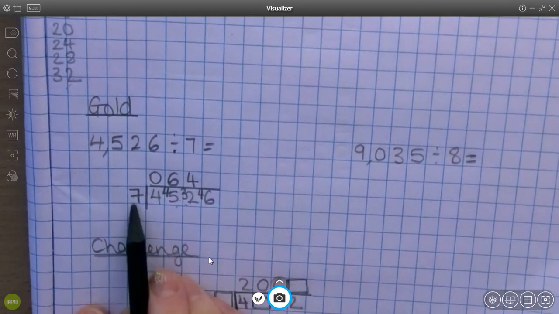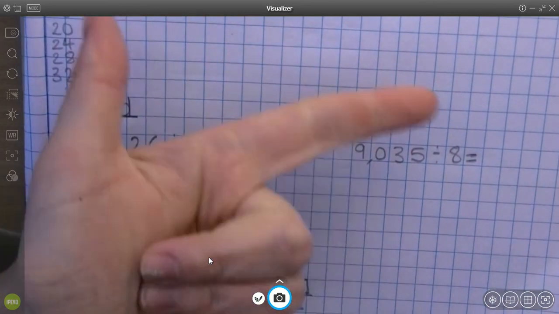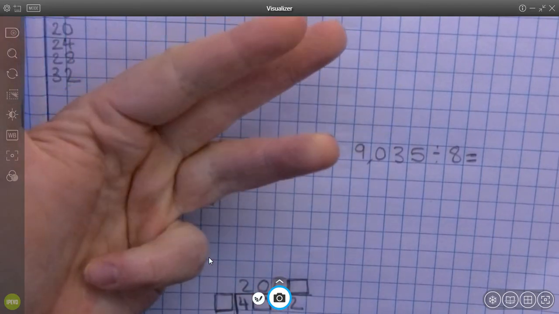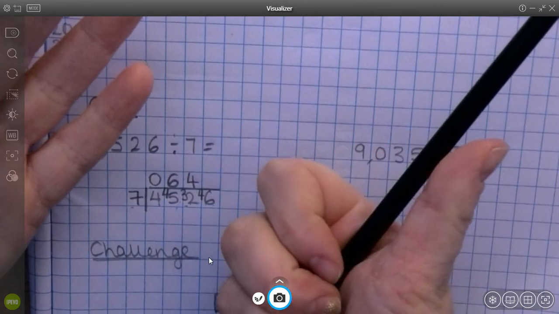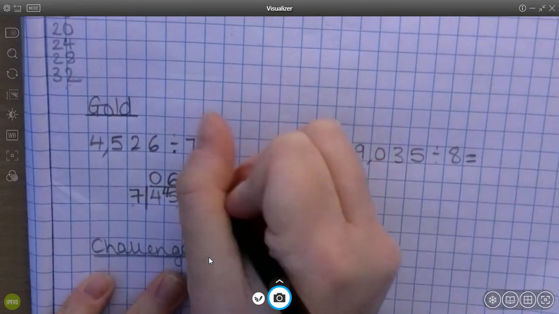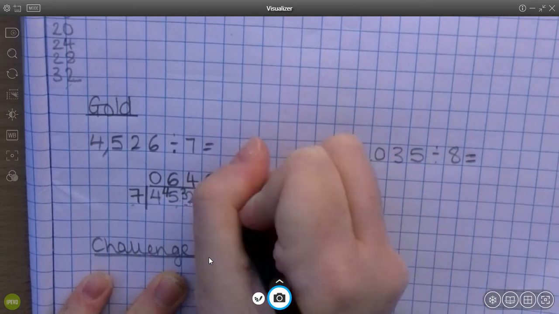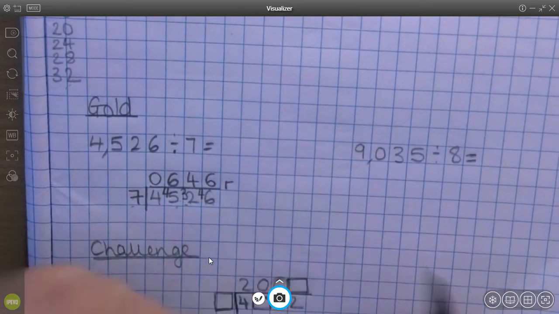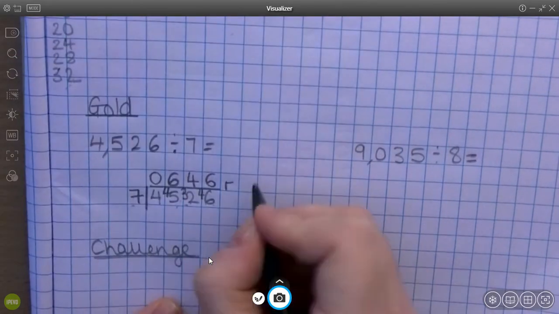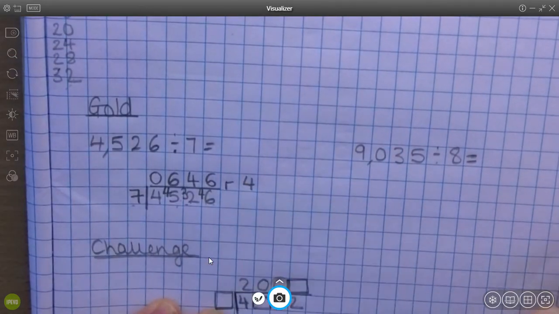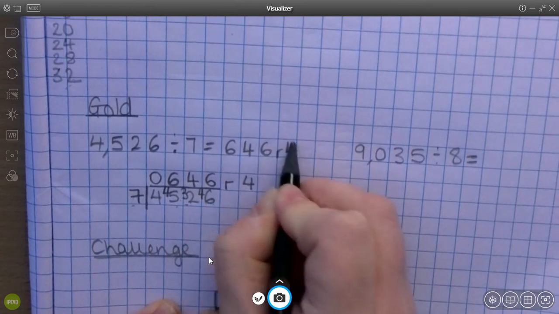And now 7's into 46. 7, 14, 21, 28, 35, 42. So I know 6 times 7 is 42. What's left over? I have a remainder, 43, 44, 45, 46. A remainder of 4. So this time my answer is 646, remainder 4.